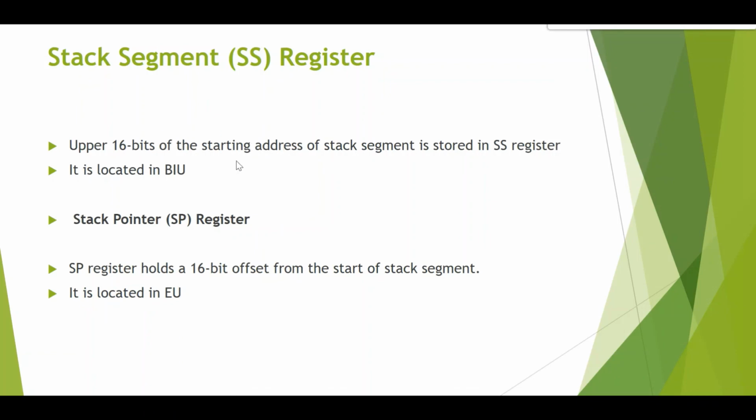It is located in the BIU, that is the bus interface unit, and the offset of this stack segment is stored in the stack pointer register. The stack pointer register holds the 16-bit offset from the start of the stack segment, and this stack pointer is located in the EU.